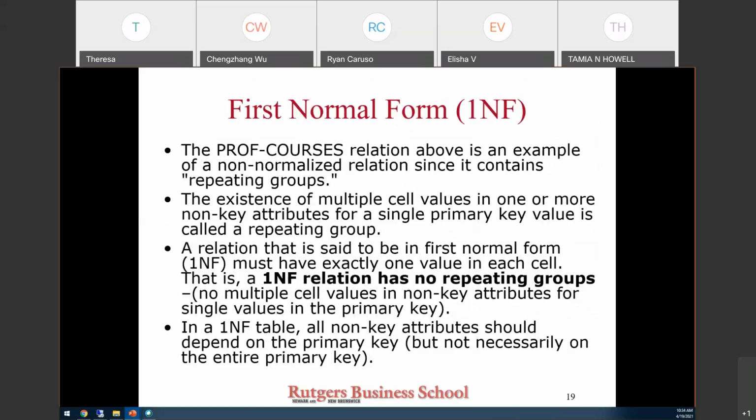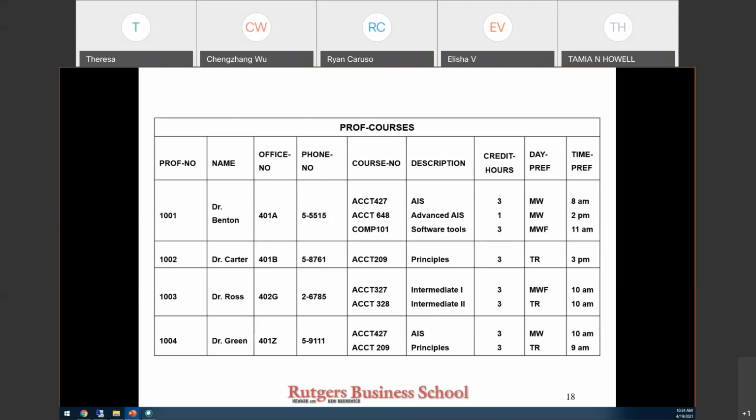For example, that table contains several instances of course number, description, credit hours, day preference, time preference.